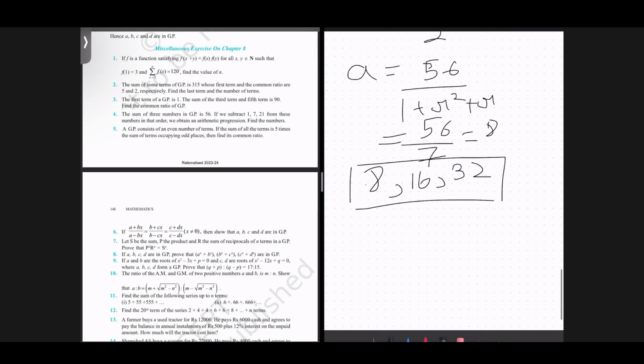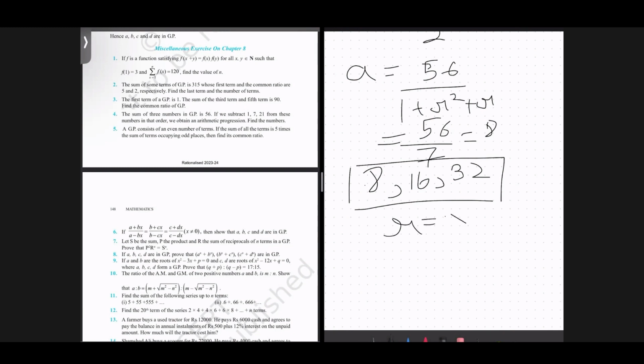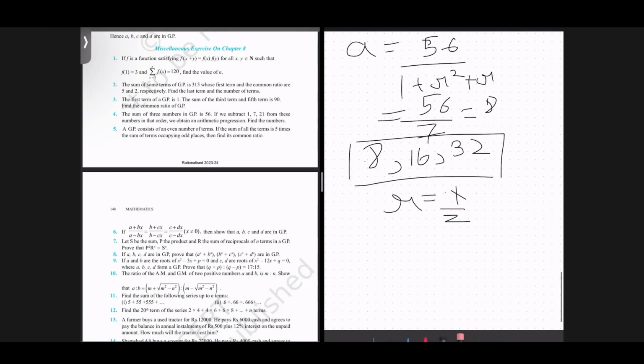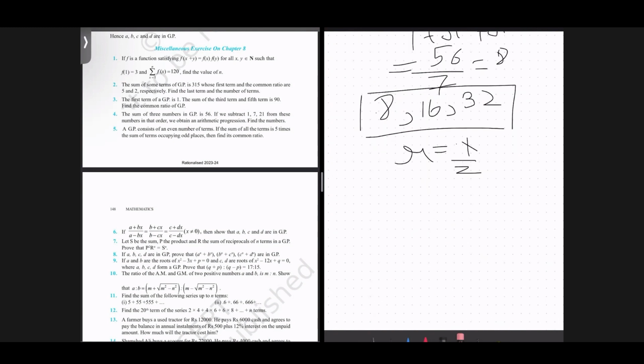Let's solve for r equals half. For that, your first term becomes a equals 56 upon 1 by 4 plus 1 by 2 plus 1. 8 is the common denominator right here.